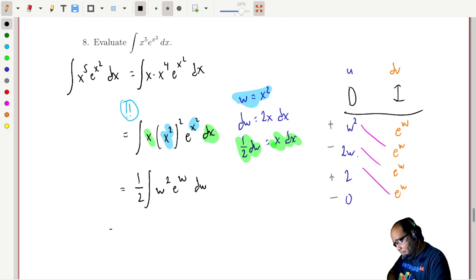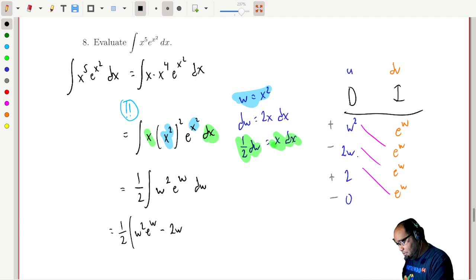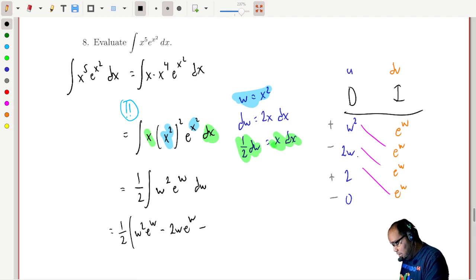So what do we have here? I have 1/2 times the first shoelace, a plus sign there, w squared e to the w. Second has a minus: minus 2w e to the w. Third, plus 2 e to the w. Plus a constant.